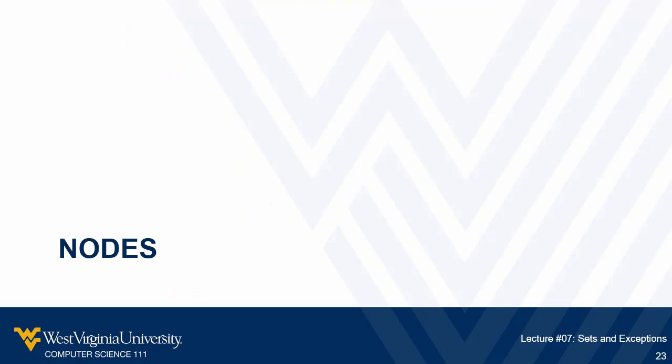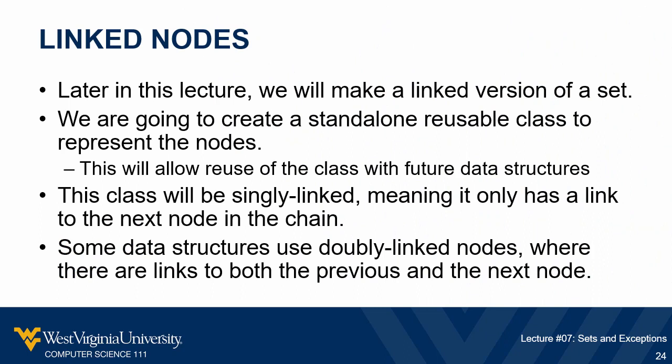Now that we have our set interface designed, I want to turn our attention to thinking about how we're going to actually implement the set, especially for the linked version that we're going to write here. As we saw with a linked bag, when we have a linked representation, that means we have a series of nodes chained together by using a field inside one of the nodes to point to the next node.